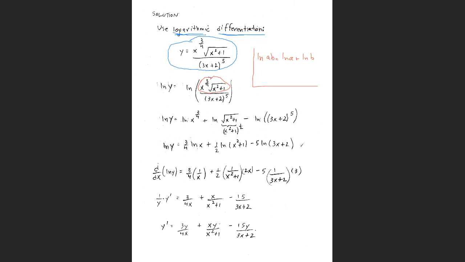But then we're dividing by 3x plus 2 to the 5th power in the denominator. So now we're going to apply that second rule, that the log of a over b is equal to the log of a minus the log of b.